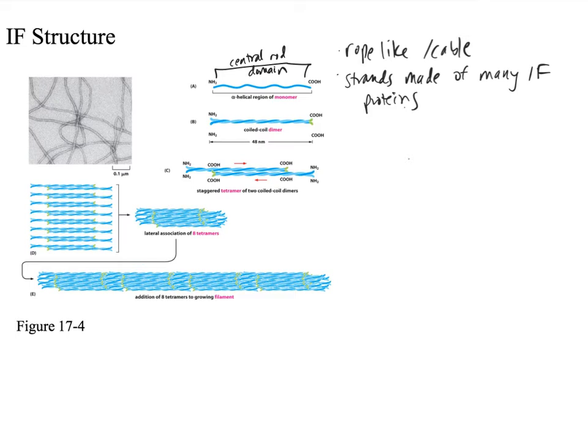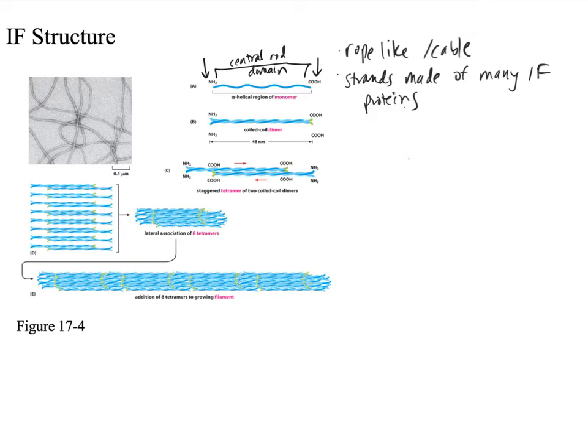The central rod domain is very similar across all of the intermediate filaments within a particular category, a particular type of intermediate filament. On the other hand, the terminal ends, indicated by the arrows, vary quite a bit amongst the different intermediate filaments.